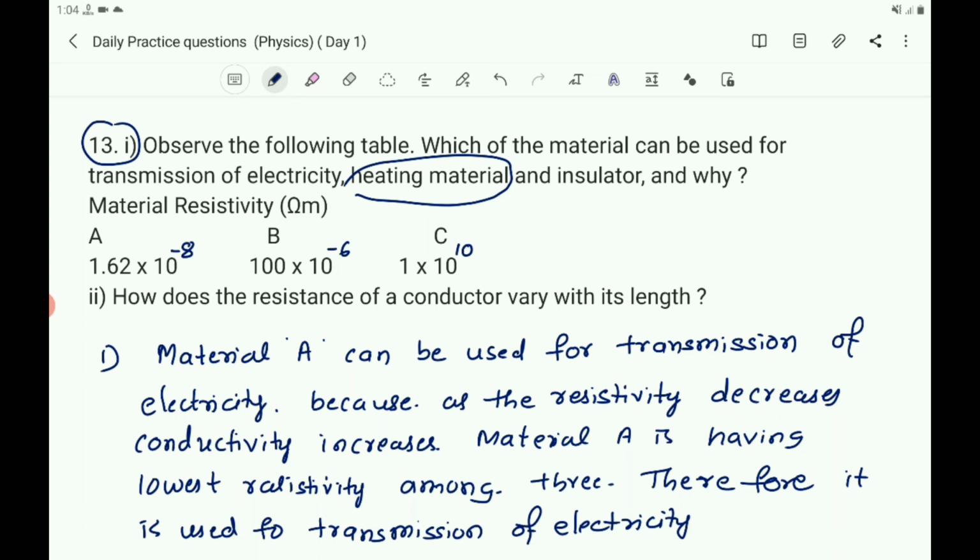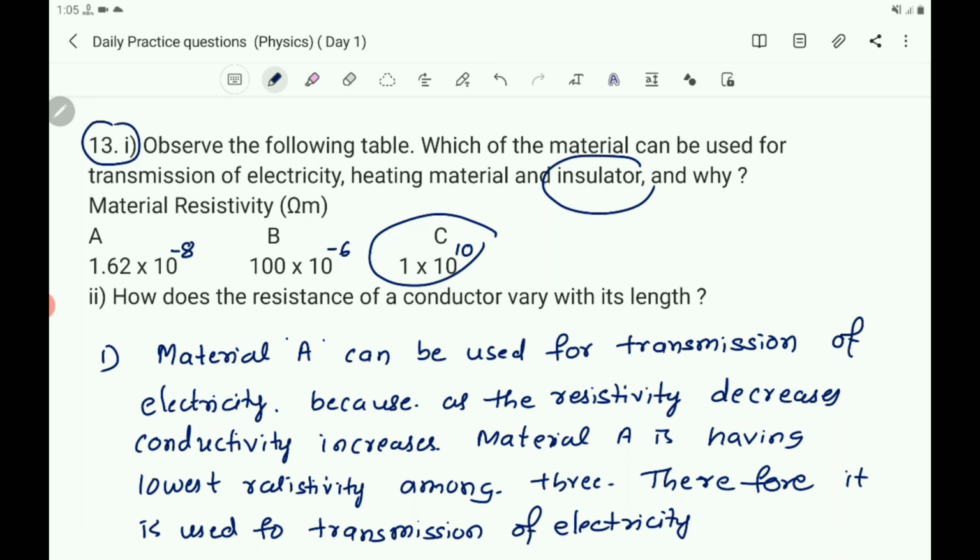The substance which has large resistivity, more than 10 power 4 ohm meter, acts as an insulator. Therefore, material C is a good insulator.